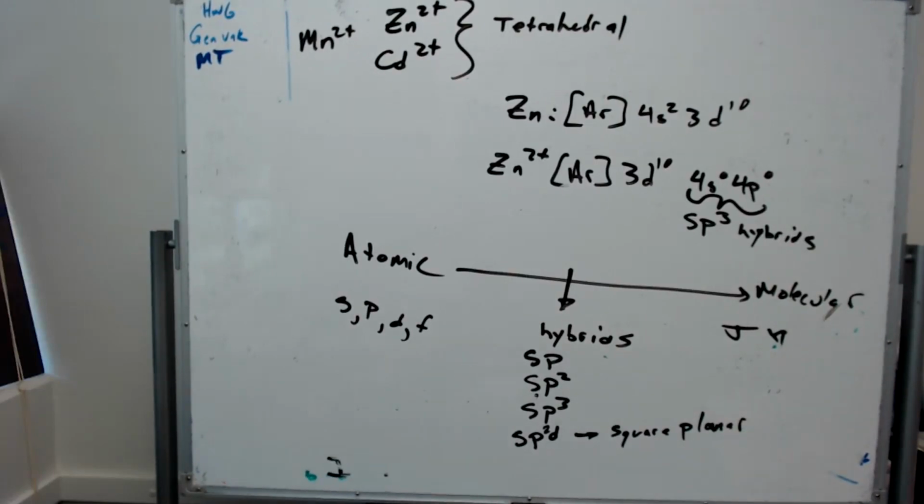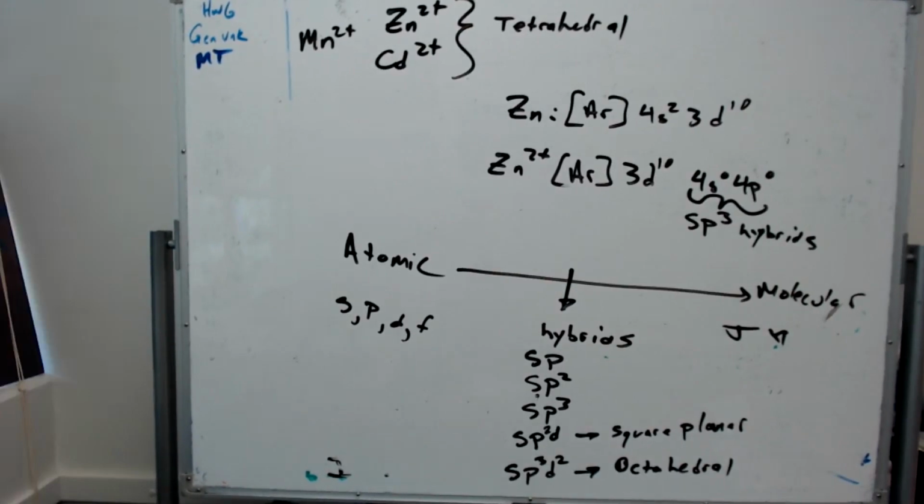That's what gives us the square planar. And then sp3d2. That gives us octahedral. And the hybrid orbital theory does a great job getting the geometry.